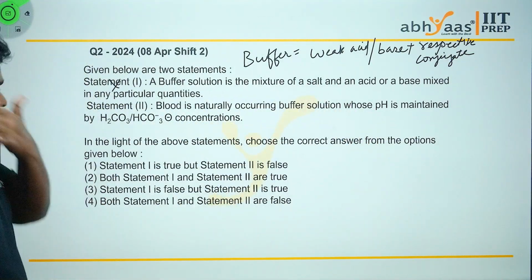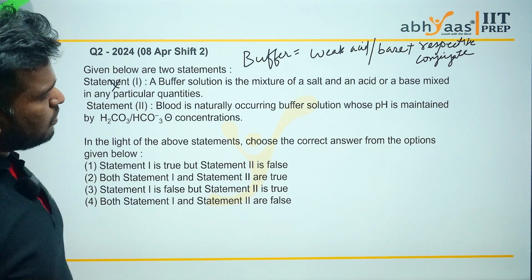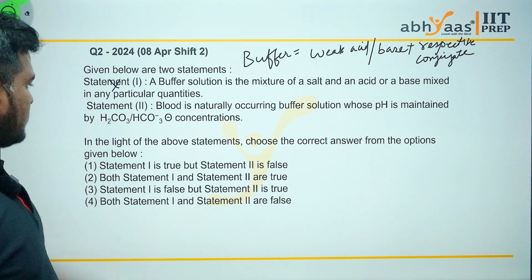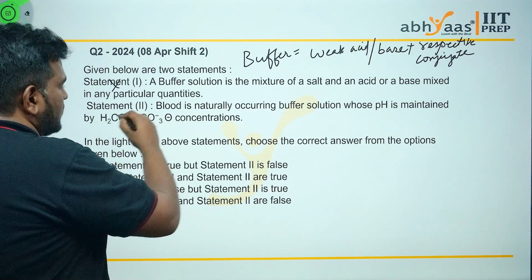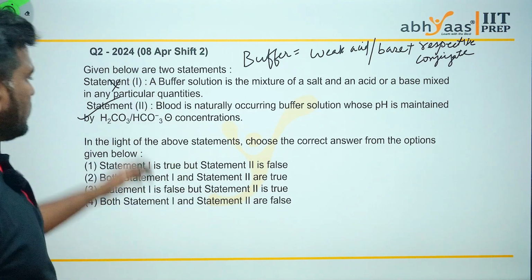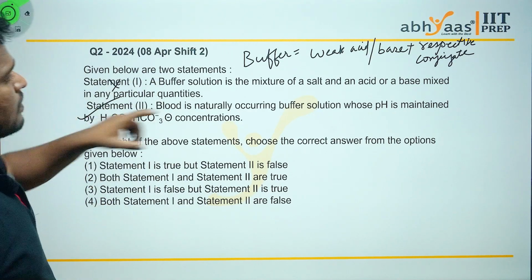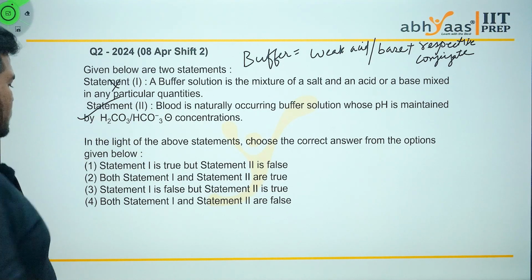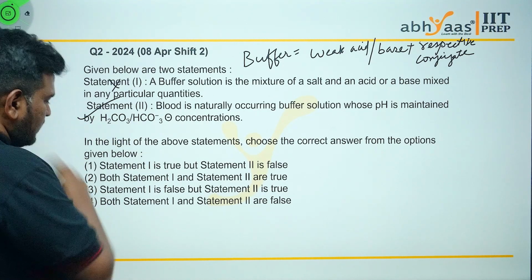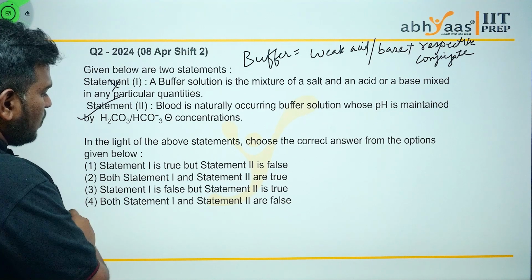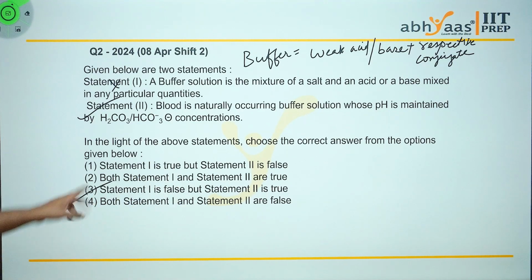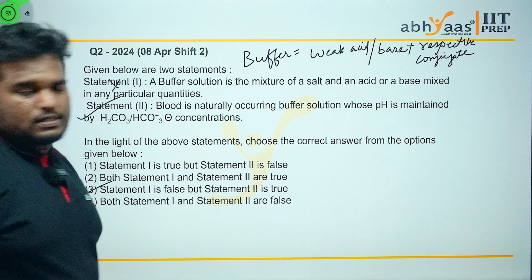Blood is a naturally occurring buffer solution whose pH is maintained by carbonic acid and HCO3- ion concentration, right? It is true. This pH is maintained by carbonic acid and HCO3-. So I can say that statement 1 is false, but statement 2 is true. So the third option will be my answer.